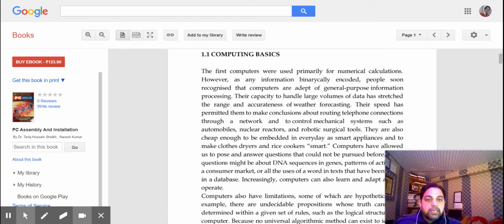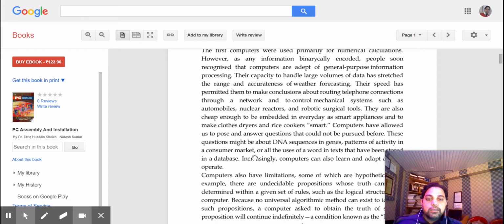Their capacity to handle large volumes of data has stretched the range and accuracy of weather forecasting. The speed has permitted them to make decisions about routing telephone connections through a network and to control mechanical systems such as automobiles, nuclear reactors, and robotic surgical tools.